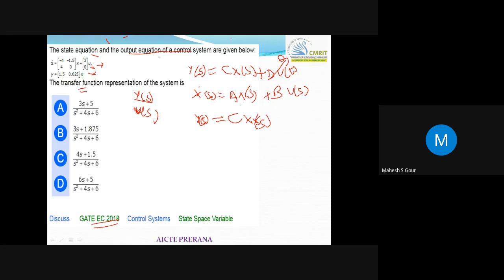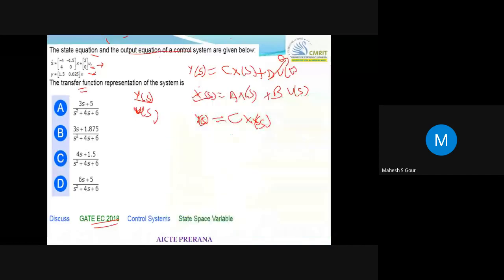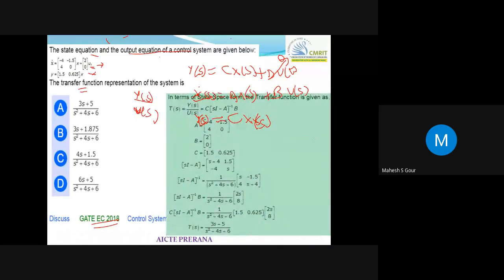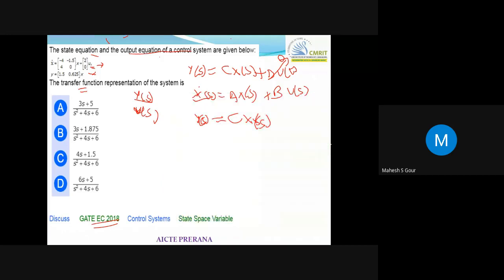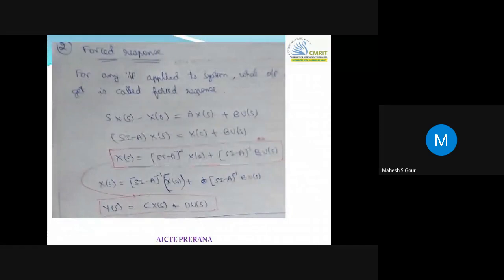To substitute this X(s), you need to convert it and put it here, like C into (sI minus A) inverse into B. I should have shown you the formula. This will be your X(s).